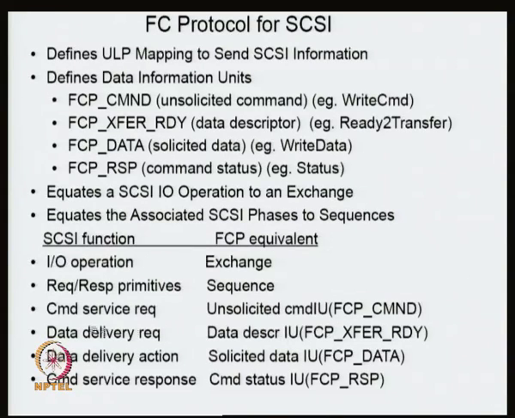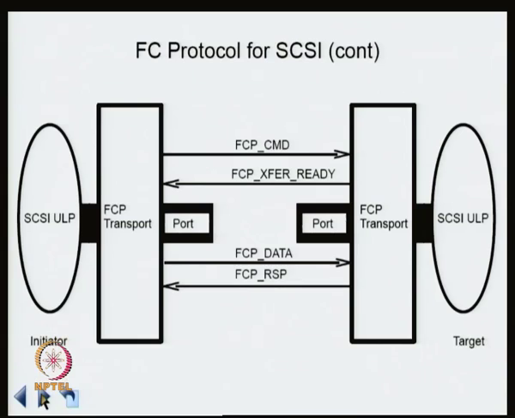Sorry, I made a mistake. The target being ready to accept the data being sent is this transfer ready protocol unit, and the FCP data corresponds to the write data of the SCSI command, and the FCP response is the corresponding response for the SCSI. So this is an example of a mapping of SCSI commands onto FCP protocol units.